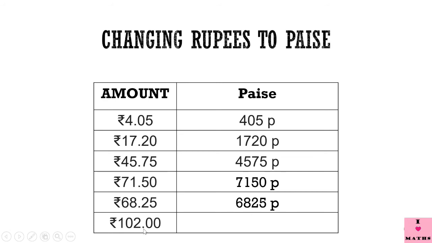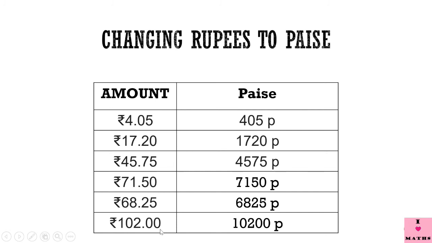Rupees 102 is equal to 10,200 paise. We just have removed the point and the rupees sign, and we got 10,200 paise, because here we have rupees 102 and 00 paise beta.